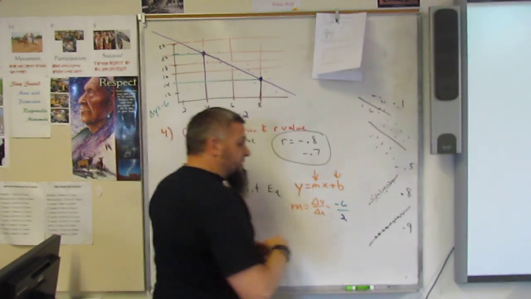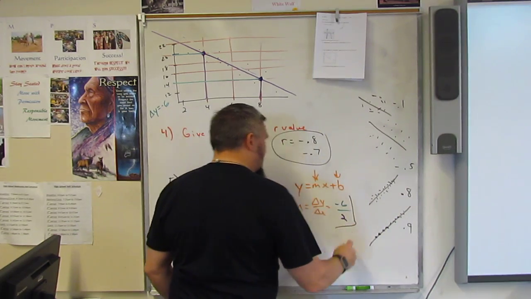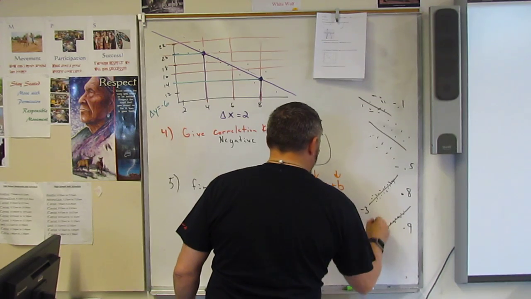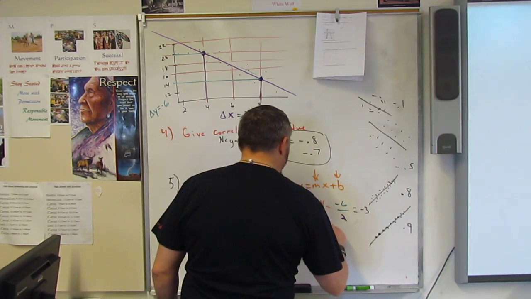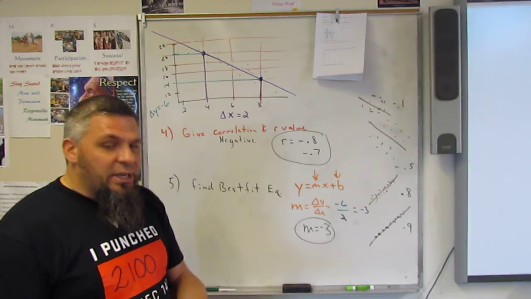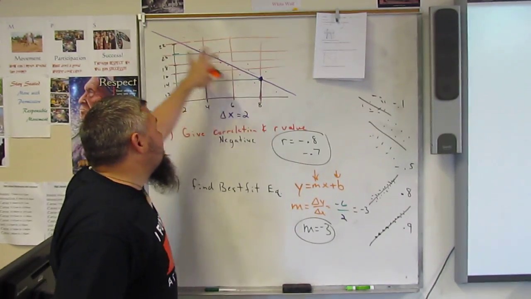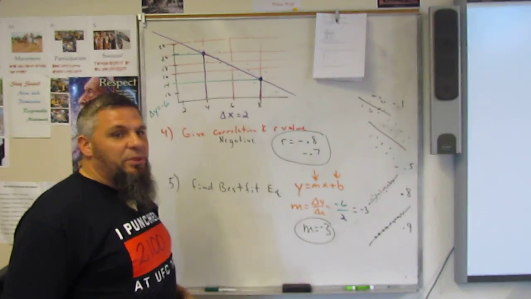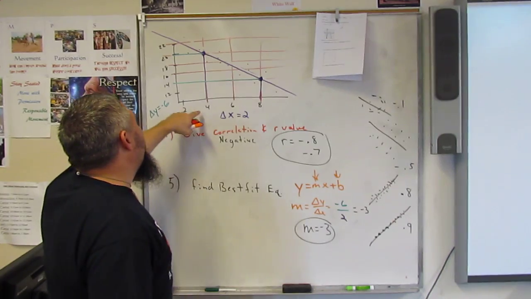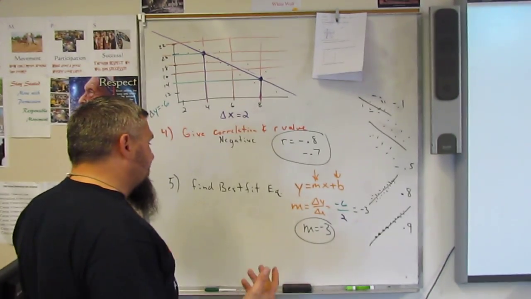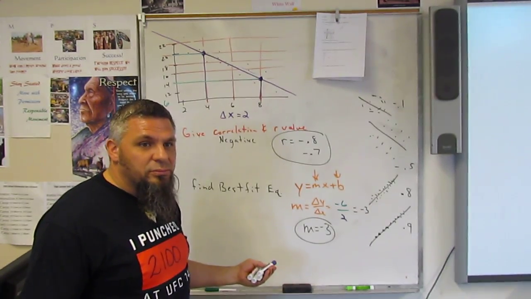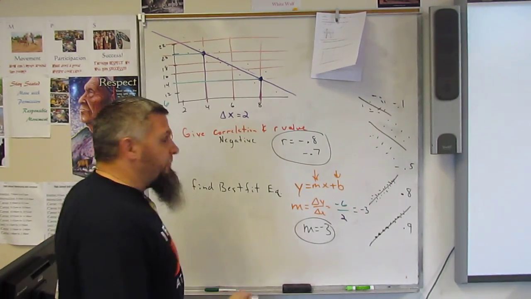And then I can reduce that. 2 goes into negative 6 negative 3 times, so m equals negative 3. That's nice. Now I just plug in a point. I choose one of these points. It's up to you which point you want to choose. I like 8 and 14 because they're smaller numbers than 4 and 20. But 4 and 20, it doesn't matter. Since today's 420, why don't we use 4 and 20?